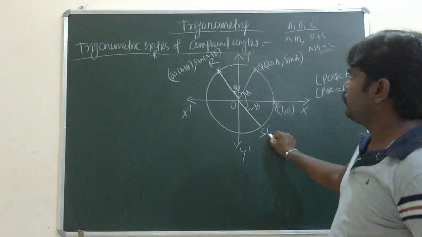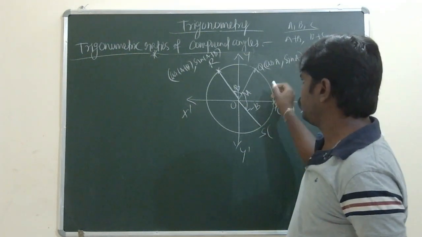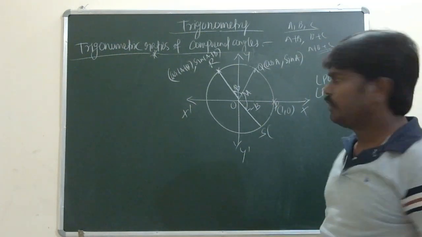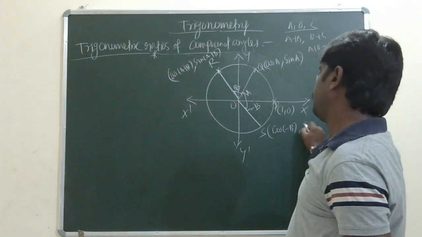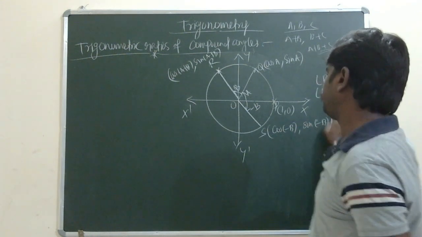Just like this, the cos function will come with the angle minus B, so cos(minus B), and next sin(minus B).